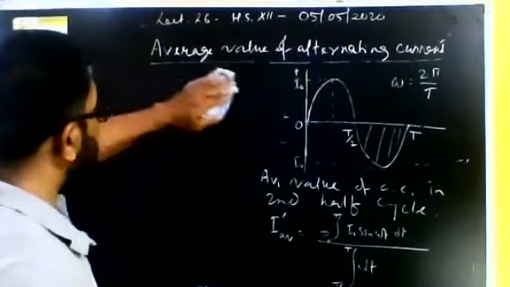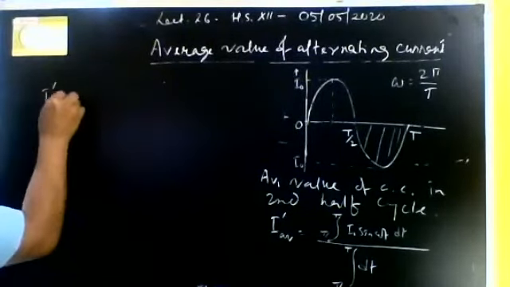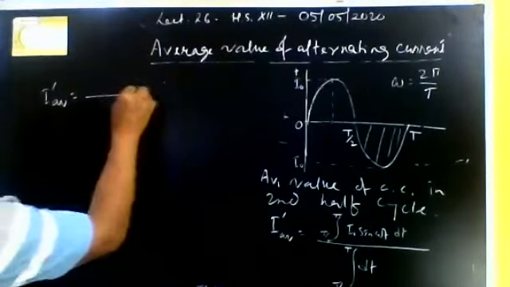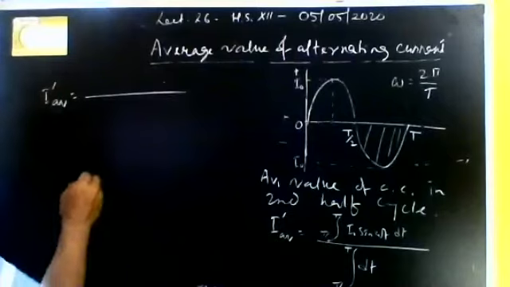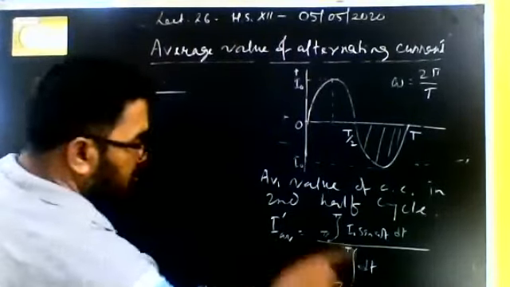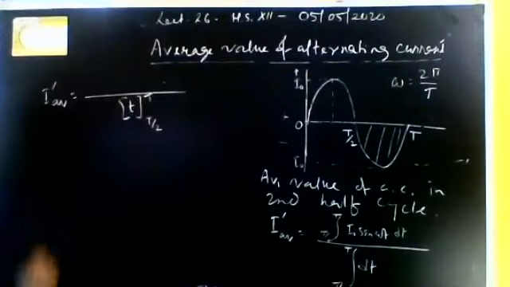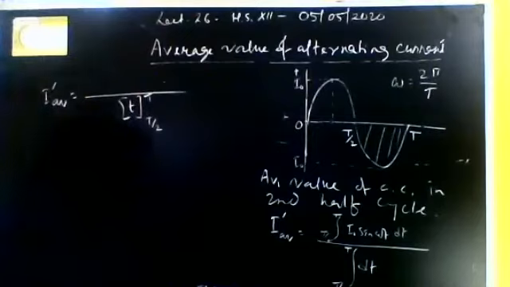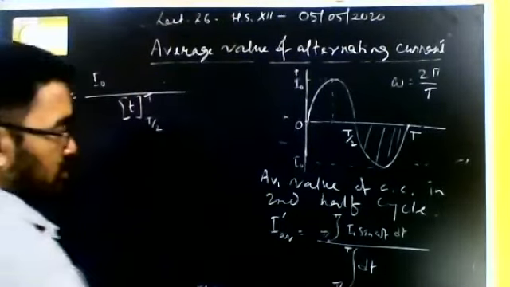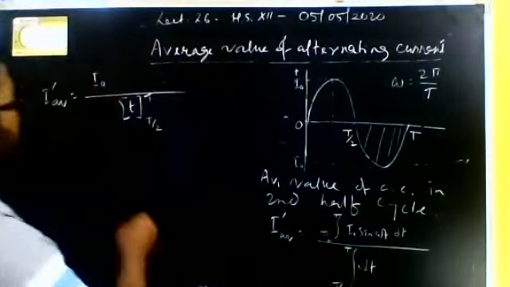Okay. So what will be the value here? I dash average. So I dash average is equal to, in the denominator, T, since after integrating dt you will get T, right? So lower limit is T by 2, upper limit is T. So integrating this, I naught, again ω will be divided, sin ωt by ω.